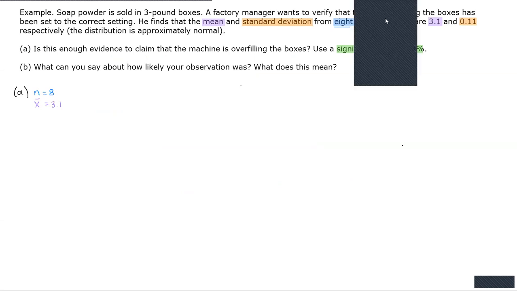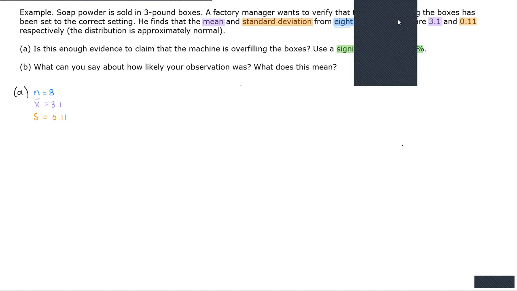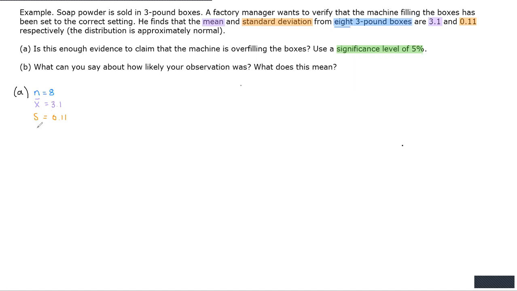Then I'll have that the standard deviation is equal to 0.11. But again, that is the standard deviation from the 8 3-pound boxes. So that means that S is equal to 0.11. And finally, I was given that the significance level that we're going to have to use is going to be alpha, which is equal to 0.05.